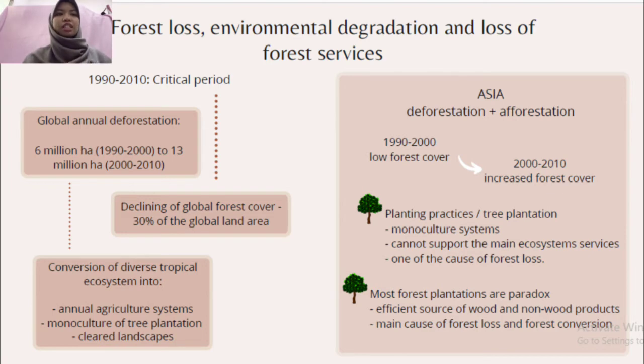This monoculture system cannot support the main ecosystem services because the trees cannot provide what natural forests do, since it doesn't have multiple strata that can become a habitat. This is one of the main reasons why we went through another forest loss because of the monoculture system.